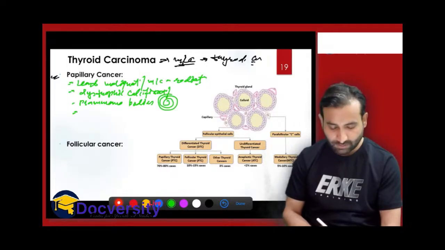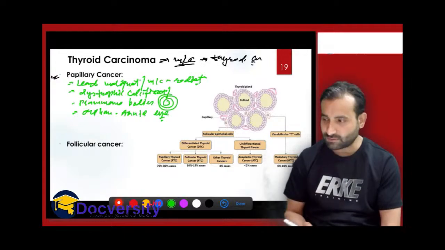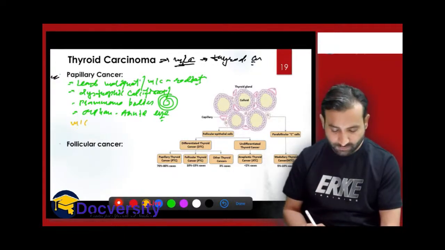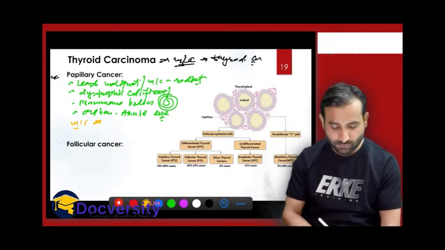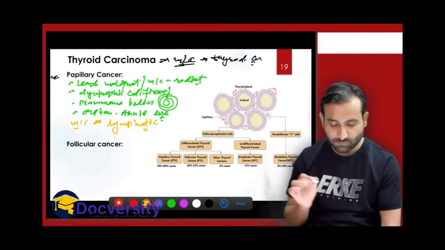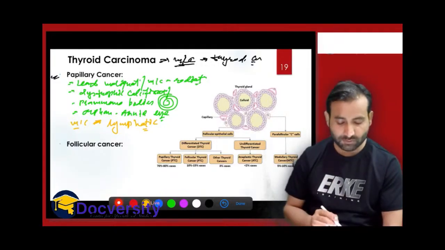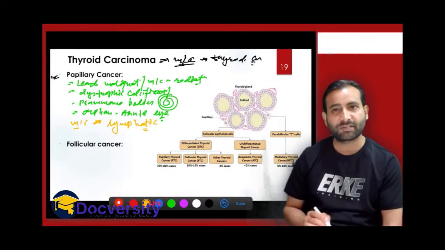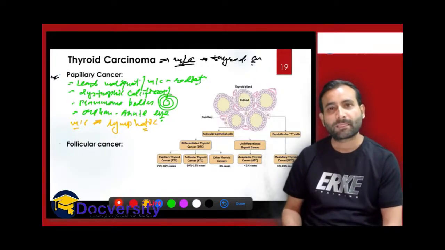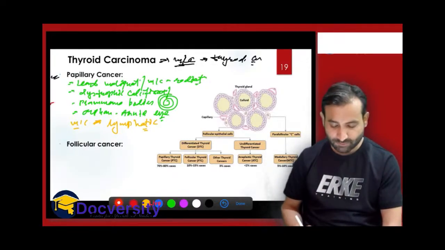The cells look alike, and it shows Orphan Annie eye nucleus. Psammoma bodies with Orphan Annie eye nucleus, so remember this one. And a very commonly asked question from this is the most common route of metastasis. That is the lymphatic route of metastasis. So the most common route of metastasis for the papillary carcinoma of the thyroid is lymphatic. Please remember this.